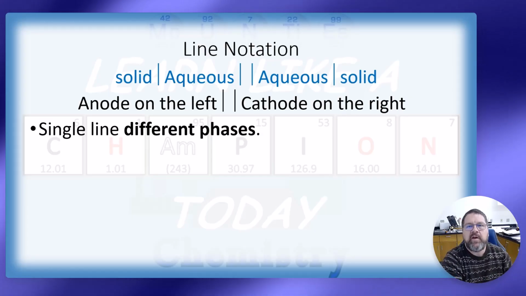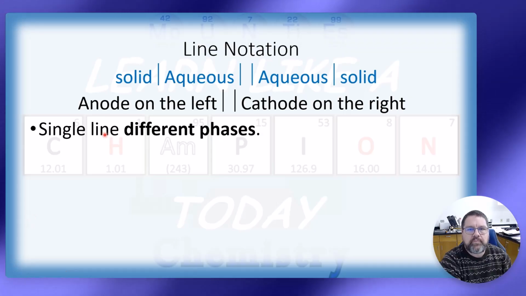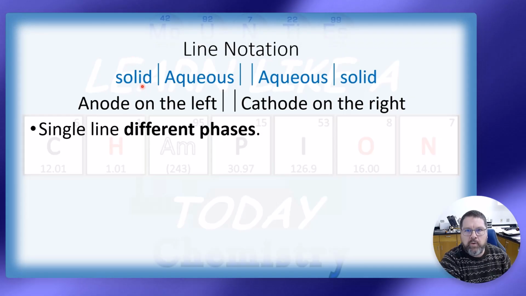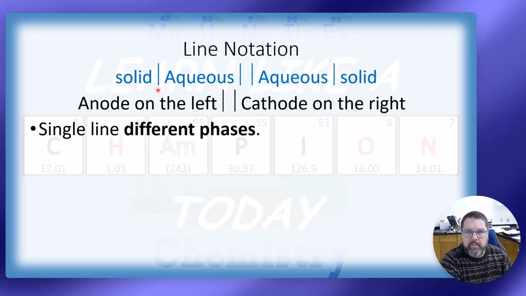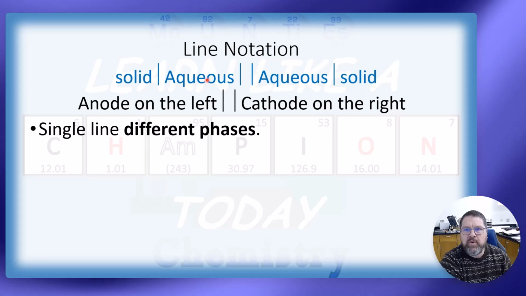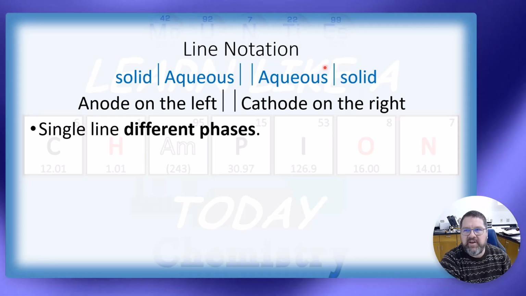So for instance, the first solid here would be the anode metal, the electrode, okay, and then the barrier, the interface between that solid metal and the ions that are in aqueous solution. Same thing over here on the cathode side.